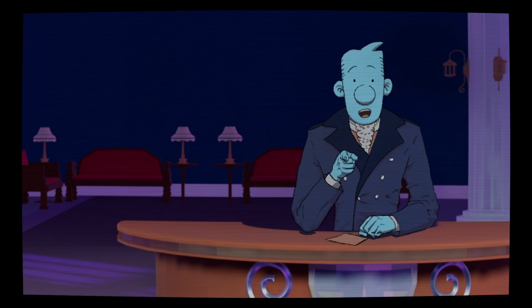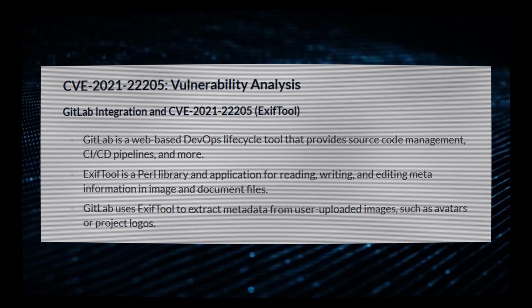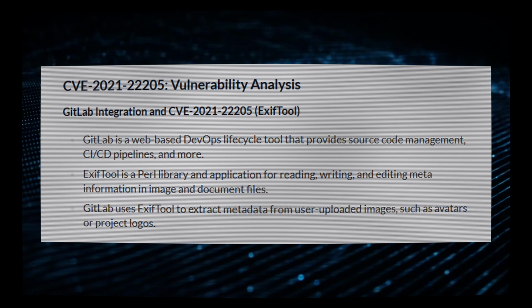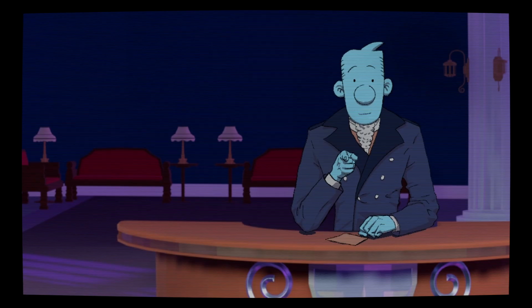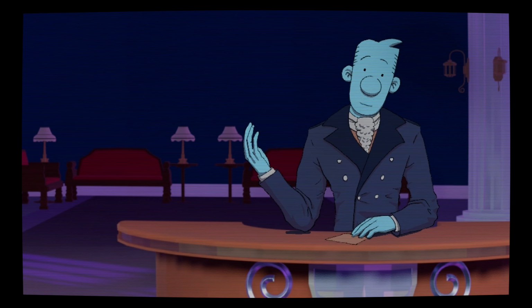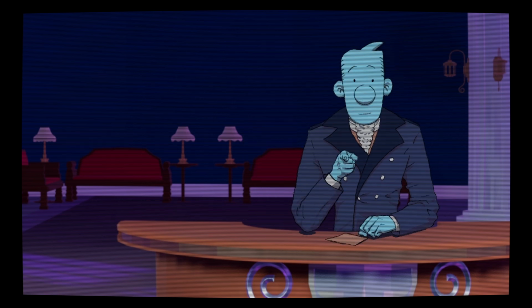Back in 2021, GitLab got hacked by exploiting the Exif metadata inside a user's avatar picture. This picture got uploaded to GitLab's servers, which then used ExifTool to extract metadata from the user's avatar and project logo image files. In this extraction process was where the attack was born.